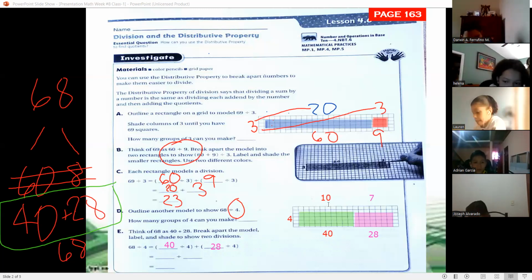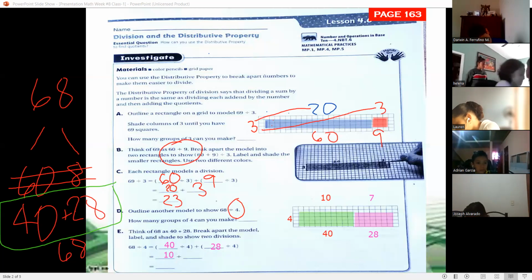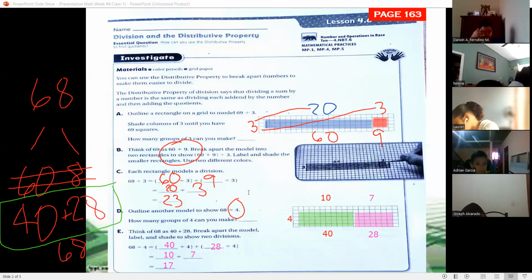They are giving you the quotients here. And the other one, 28 divided by 4 is 7. So 10 plus 7 is 17. Yes, very good, very good.